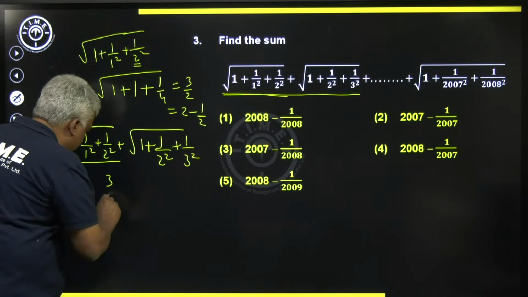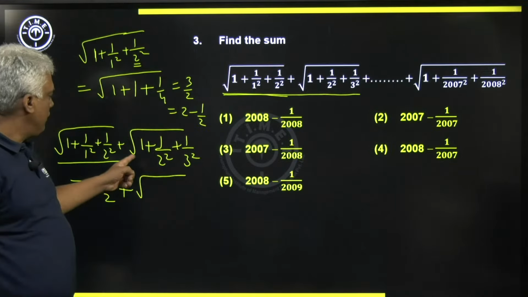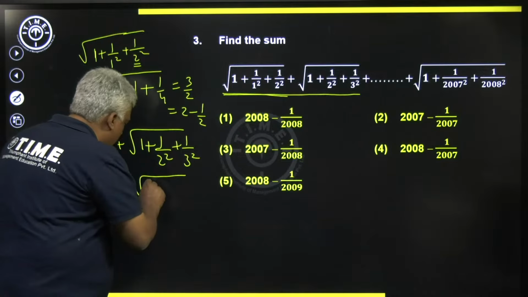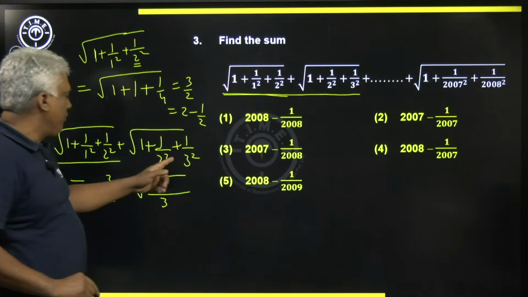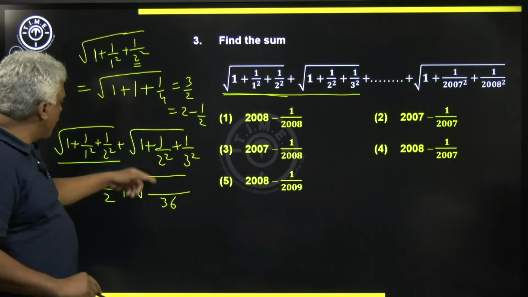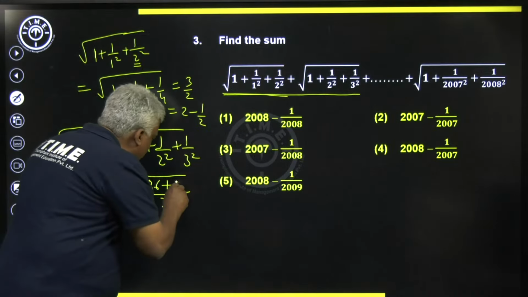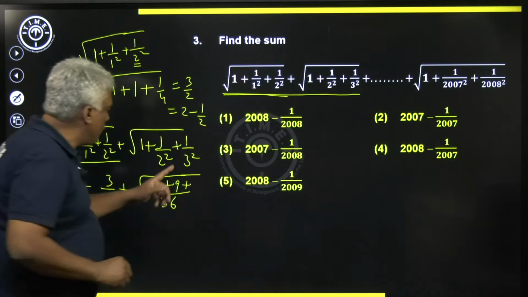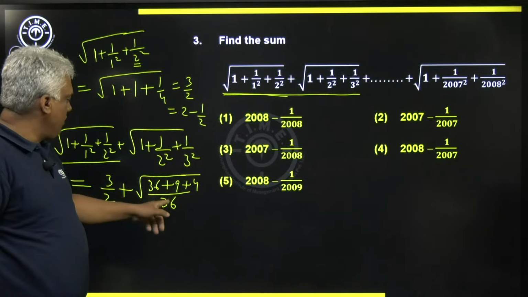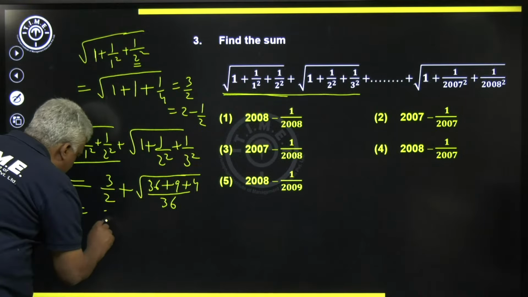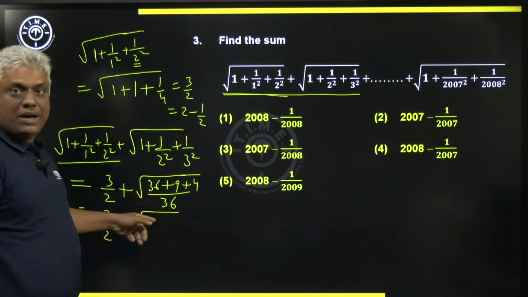And this one will be the square root of, we can take the LCM, 1 by 4, 1 by 9, LCM will be 36. So 36 plus 9 plus 4. Now you see 36 plus 9 plus 4 is 49 by 36, square root. So it will be 3 by 2 plus the square root of 49 by 36, right?